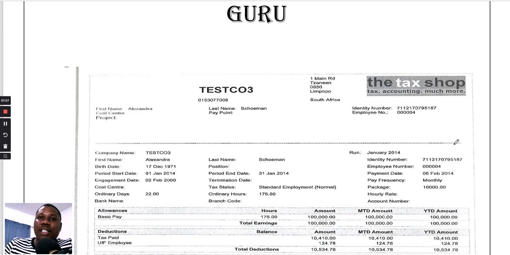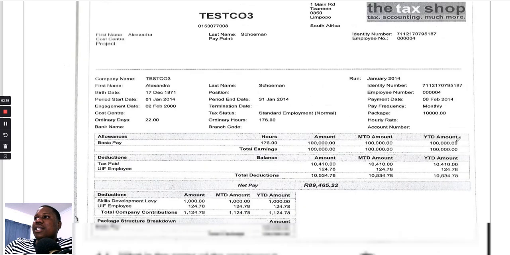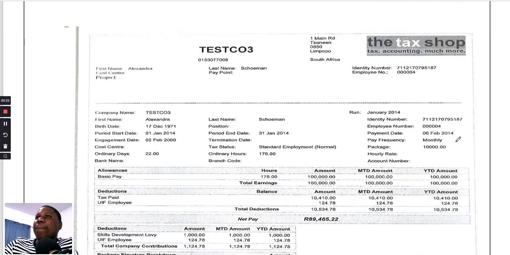This is how I teach maths lit, guys. First thing, if you are given a document, what is interesting about maths lit is that they always present you with information that you have to read and understand before you can go to the questions. In this case, we are given a payslip.